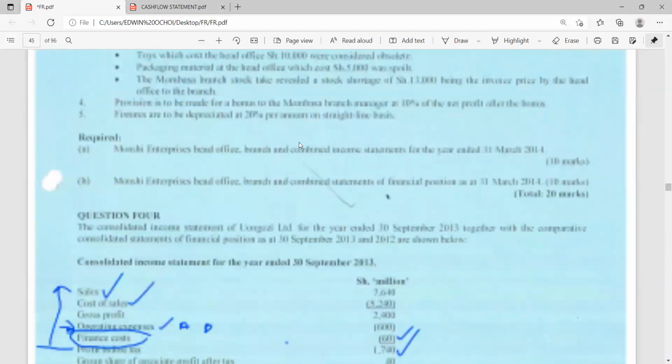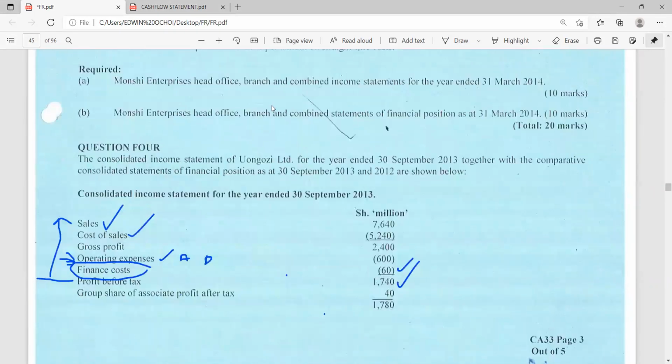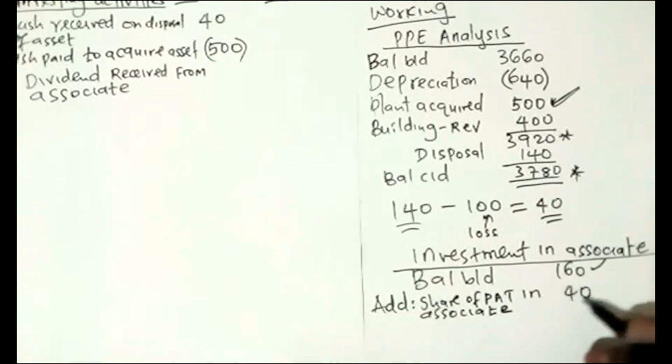So that income he has received is the group share of associate profit after tax of 40. Which means that its investment has increased from 160 to 200.